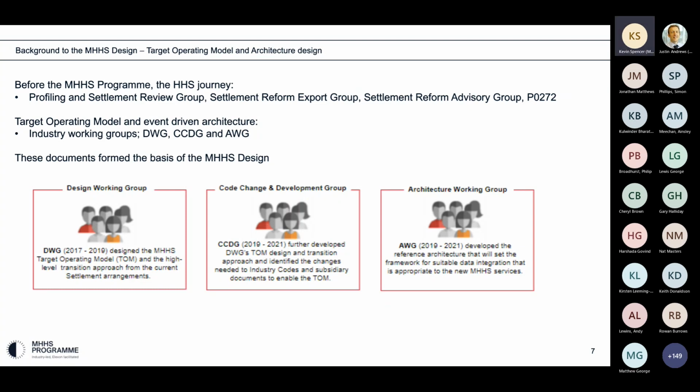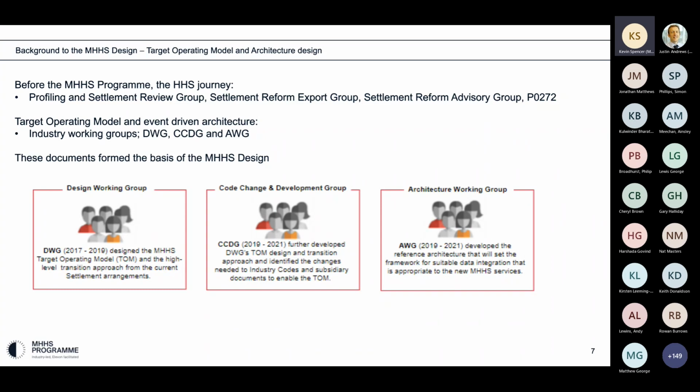Ofgem itself had launched their settlement reform programme, and they started with a settlement reform expert group. That expert group looked at a number of things, including the settlement timetable, and they started to look at what needed to happen to enable elective half-hourly settlement, so half-hourly settlement where parties had elected to take part.